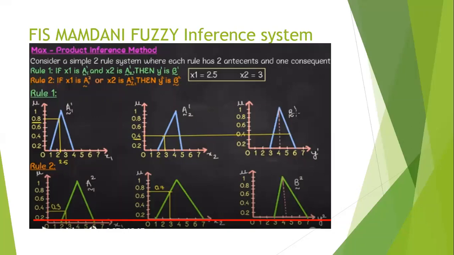Similarly, with crisp values you are able to describe either true or false only. But with fuzzy values, you are able to explain whether it is completely true, highly true, or medium true, like that. Completely false, or averagely false, like that.